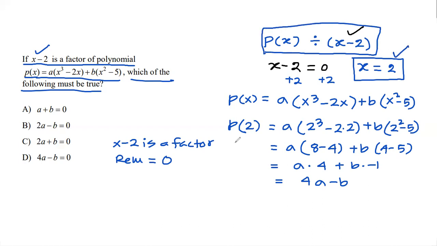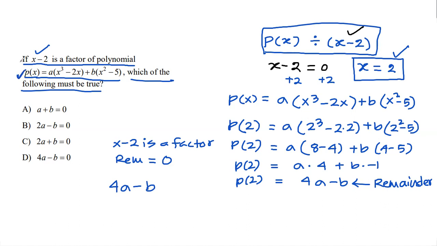So when we have plugged in x equals 2 in the polynomial expression, we get the remainder as 4a minus b. This is the remainder.